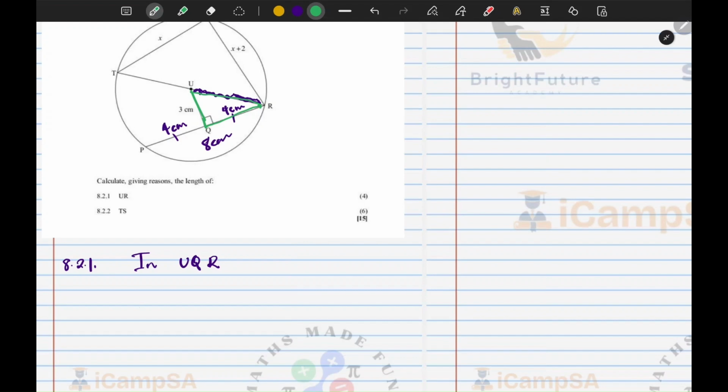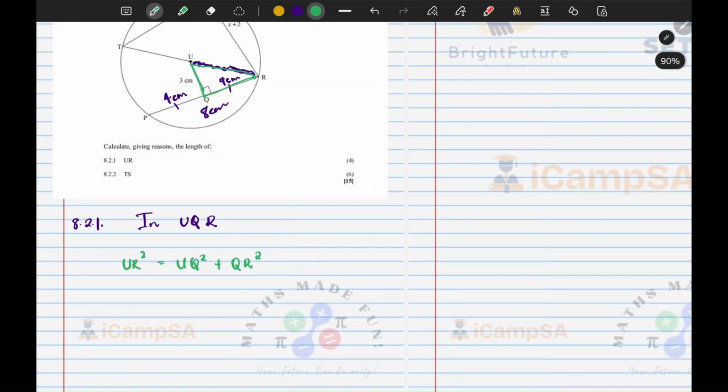Triangle UQR. So now we are going to say UR squared is equal to UQ squared plus QR squared, right? UR is what we are looking for, so we leave it like that. What is UQ? UQ is 3 squared plus 4 squared.